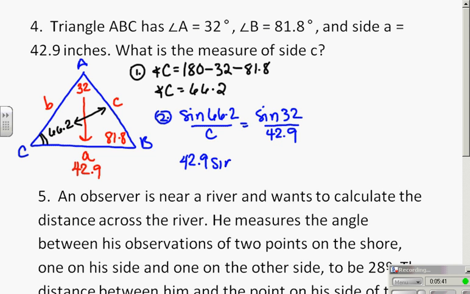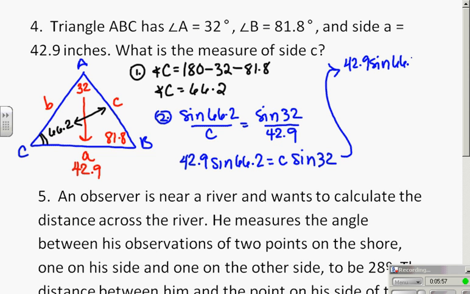Cross multiply. 42.9 sine of 66.2 is equal to c sine 32. Divide both sides by the sine of 32. So I have 42.9 sine 66.2 all over the sine of 32 is equal to c.